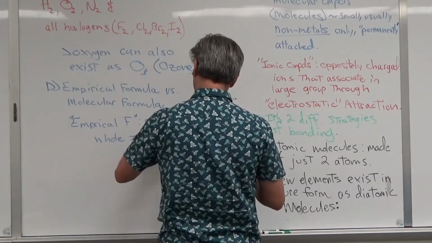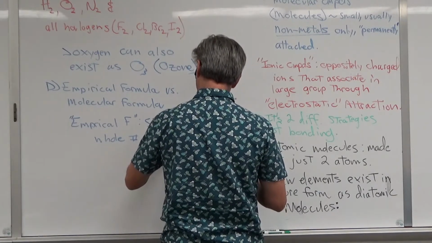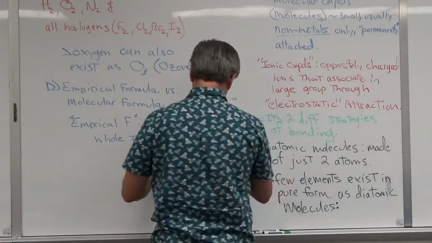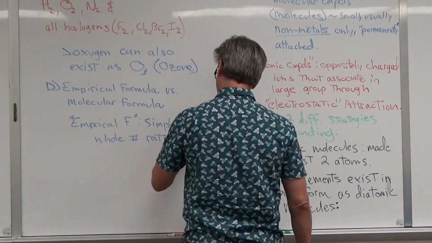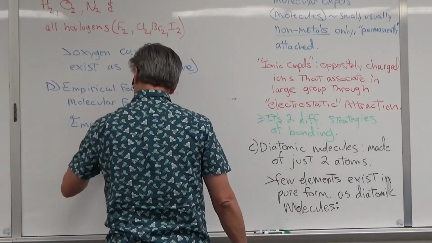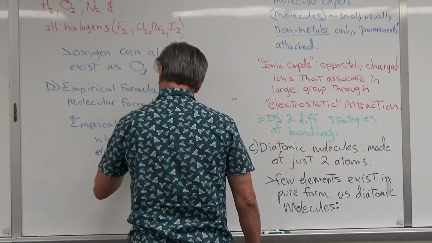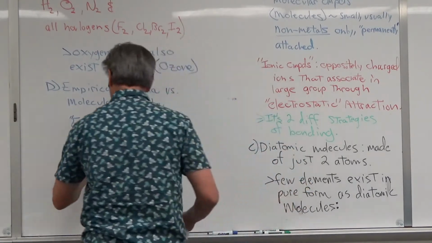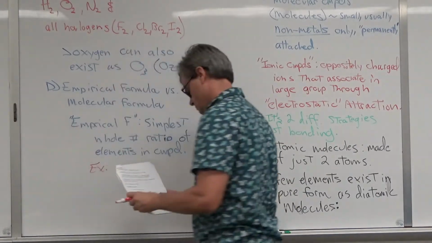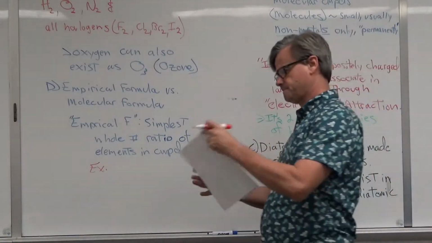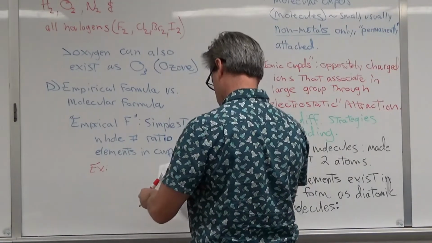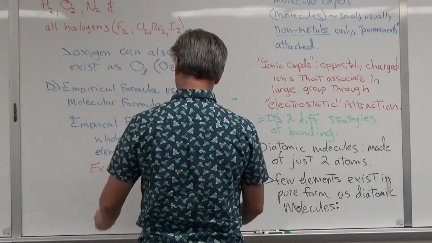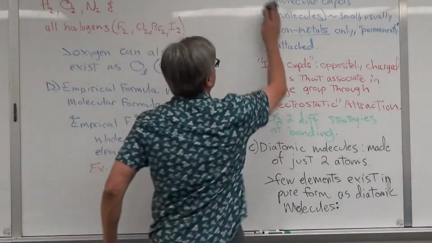Whole number meaning that it can't be 1.5 or something like that. Whole number ratio of the elements in the compound. All right, so some examples.